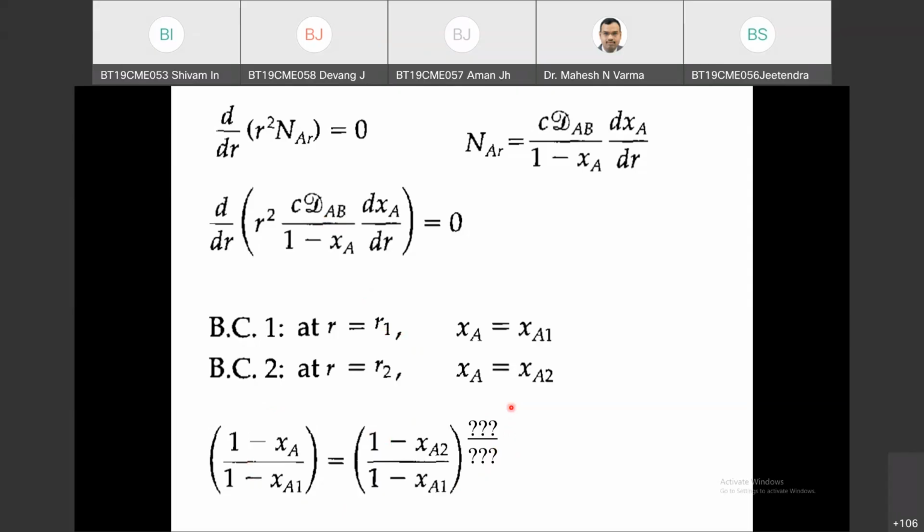Is anybody having any difficulty or confusion on how to get this concentration profile? Roll number 71, Imani. Roll number 70, Abhijit.